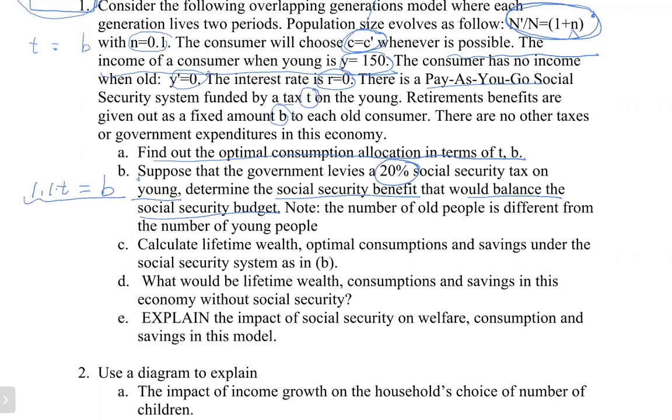But now you have a proportional tax on social security, so T equals 20% times 150, because the young have income 150, so they pay 20% as tax.